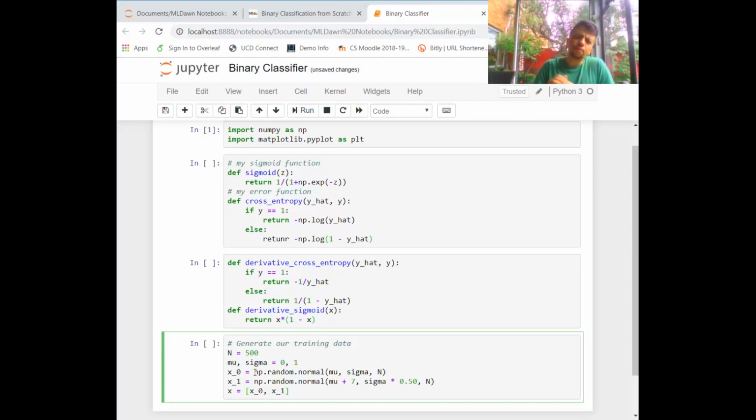And remember, now you also want to have the ground truth. You know that the first 500 belong to, say, the negative class, and the second 500 belong to the positive class. And you know 500 and 500 is the number.